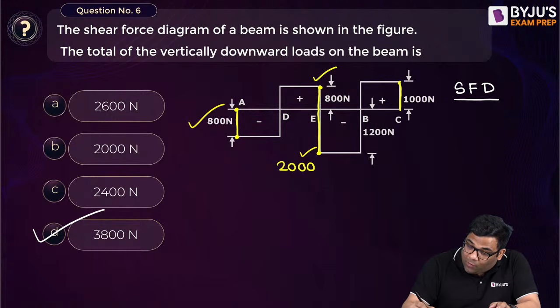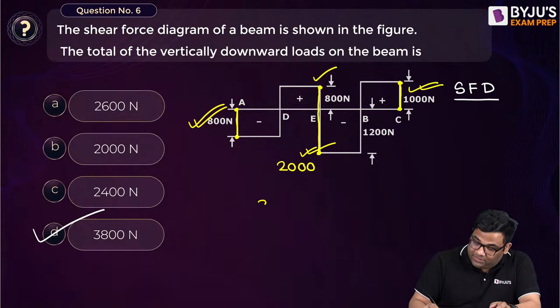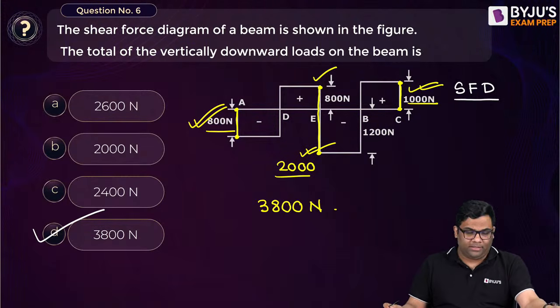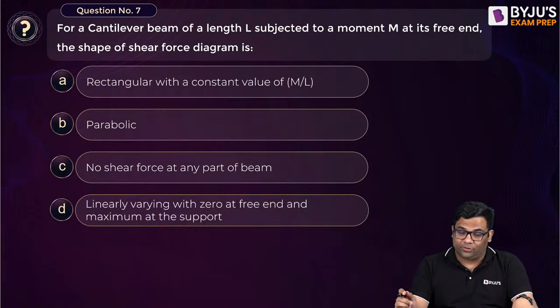So always see how much drops were there. This is 800, 2000, and 1000, so this is 3800 Newton total. Straightforward question. Next question.